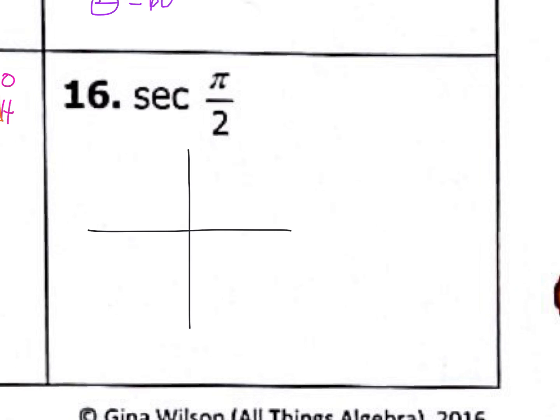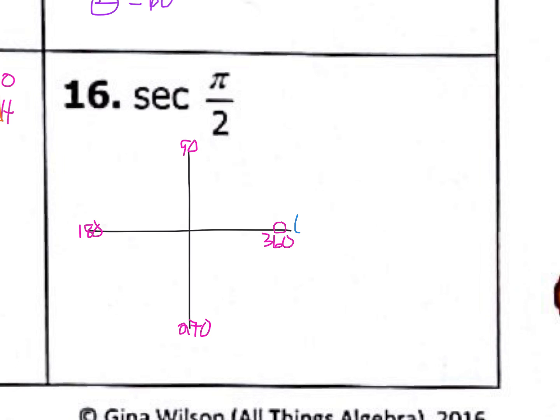So remember, at these axis points, there's no triangle to be made for these ones. So this is 0, and then this is 90, this is 180, and this is 270, and of course this is also 360.